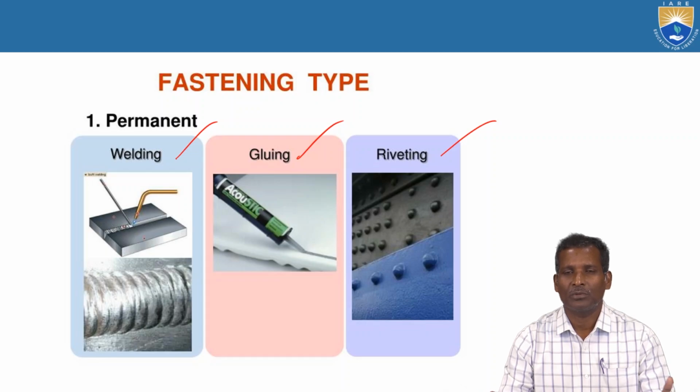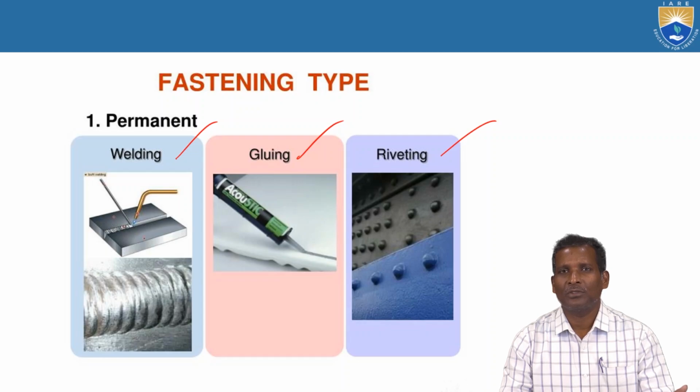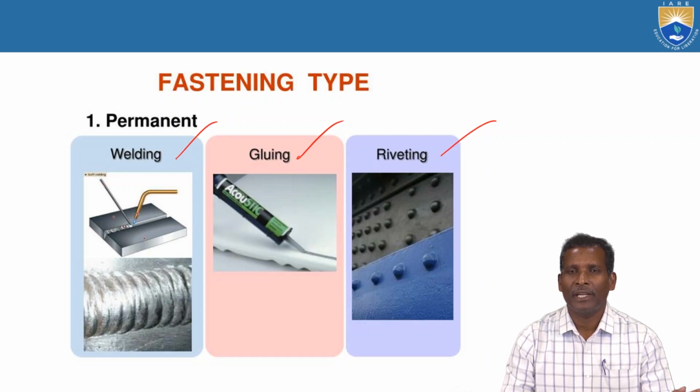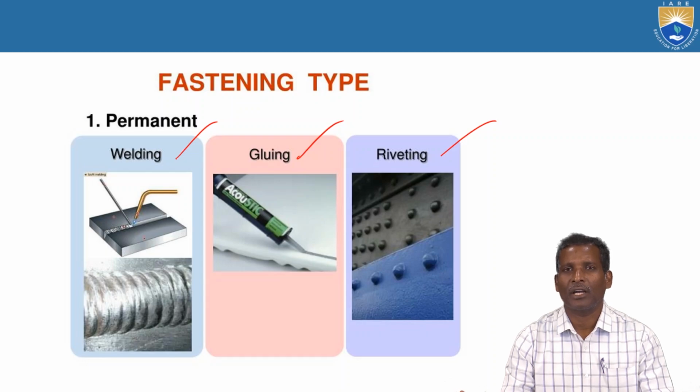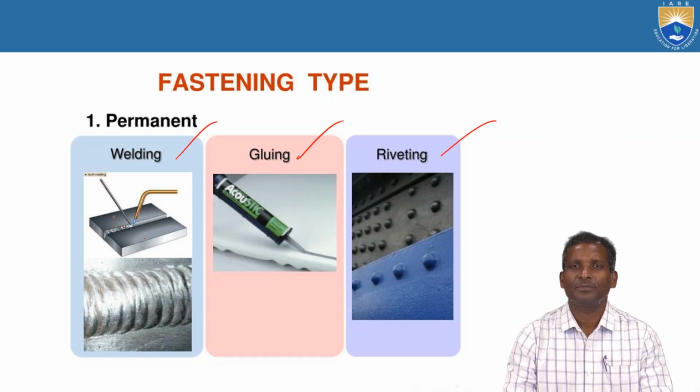The only way is to destroy the assembly, to destroy the joint, and then replace it with a new one. These permanent joints give more strength when compared to temporary joints.